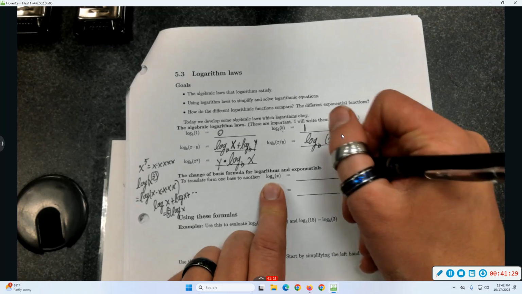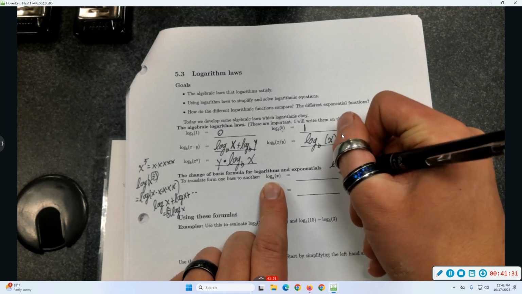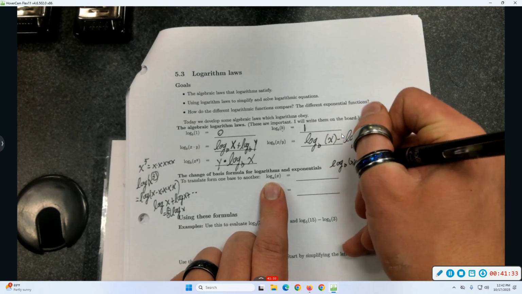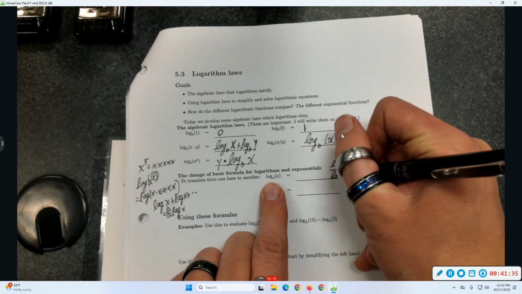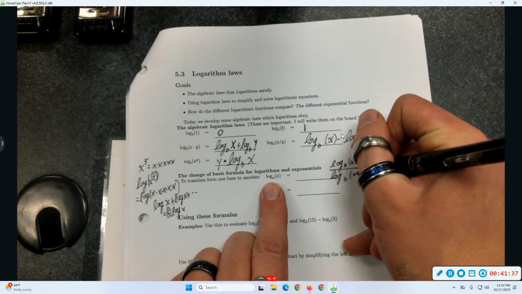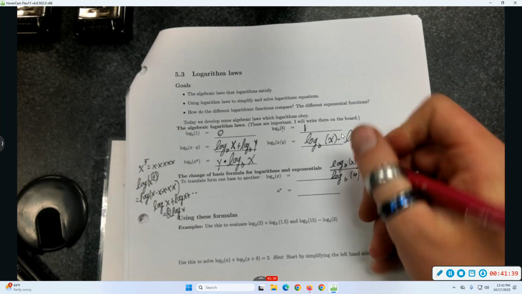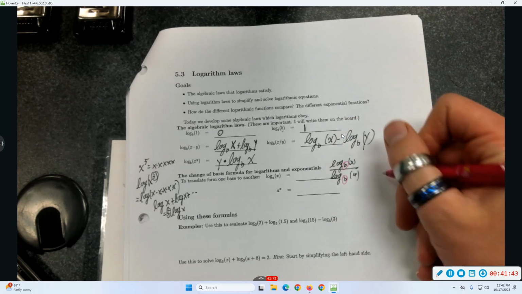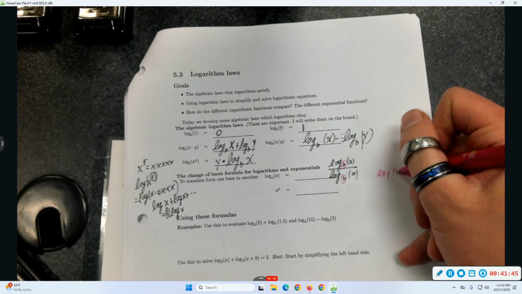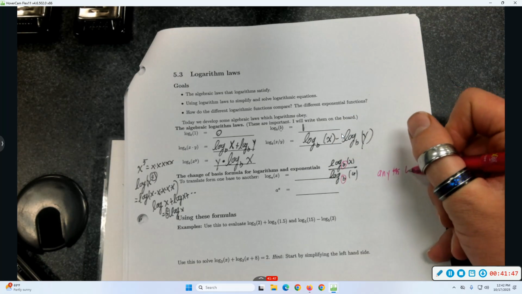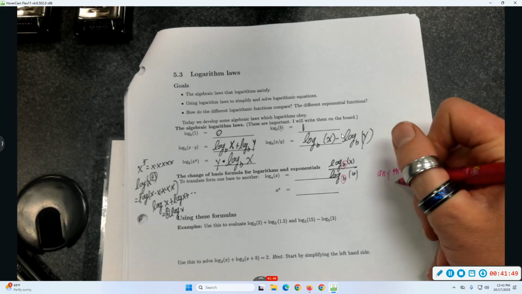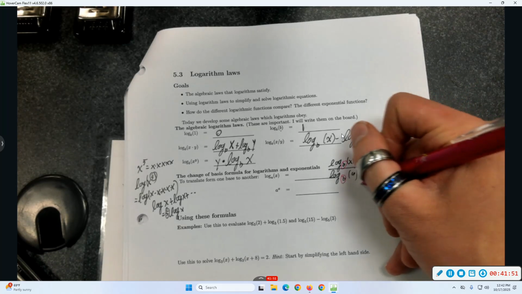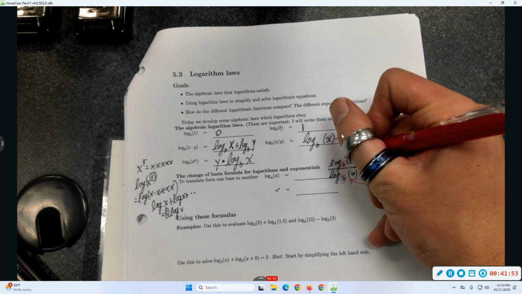Log base a of x is equal to the log base b of x divided by the log base b of a. And this is true independent of what this b is. That base b can be anything you want. Any, let's say, legal base. Well, you better not be using this formula with b equals 1, for example.